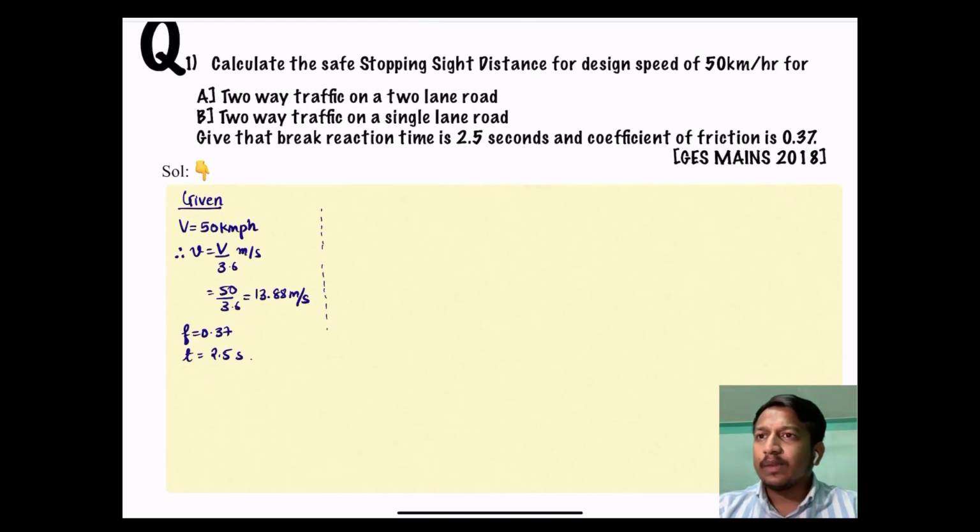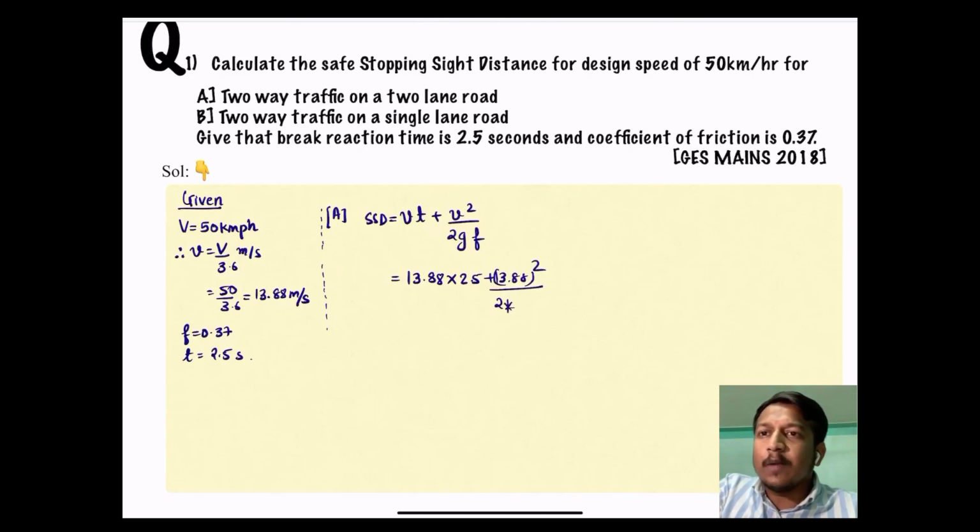So we need to calculate SSD, which is V into T plus V square by 2GF. Therefore, 13.88 into 2.5 plus 13.88 square divided by 2 into 9.81 into 0.37. 13.88 into 2.5 is 34.7, plus the second term, which is 26.538.